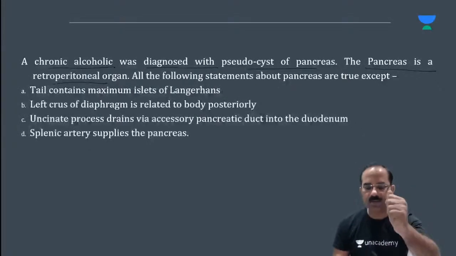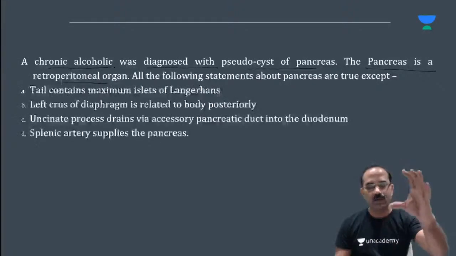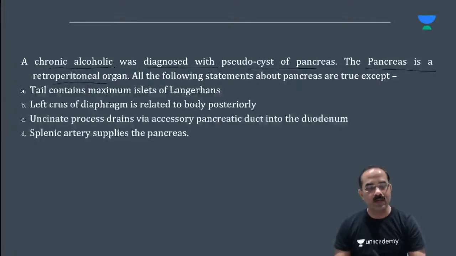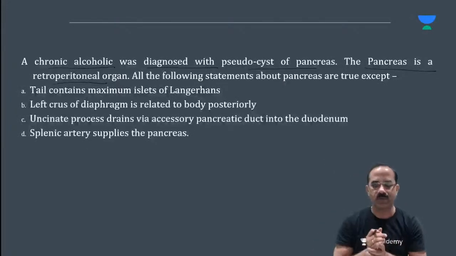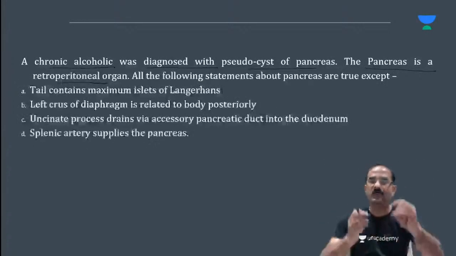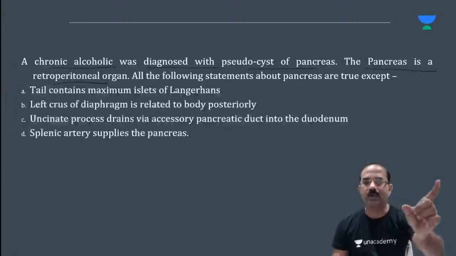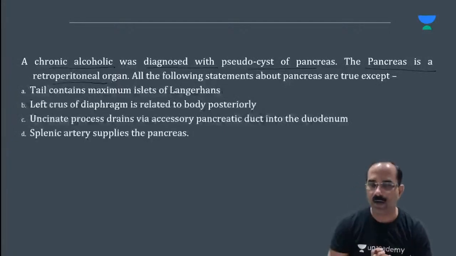One, the kidneys, the suprarenal glands, the duodenum. The entire duodenum is retroperitoneal except a small area of the first part and a small area of the fourth part. They are intraperitoneal. So the list of retroperitoneal organs: kidney, suprarenal, duodenum except a small area of the first and the fourth parts, pancreas, ascending and descending colon, aorta, IVC and the ureters.